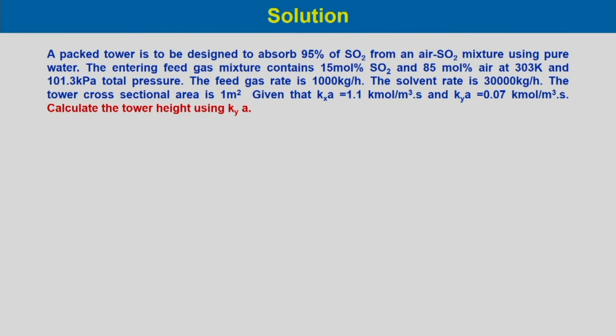Ky a is 0.07 kilomole per meter cube second, which we multiply by 3600 to get kilomole per meter cube hour.